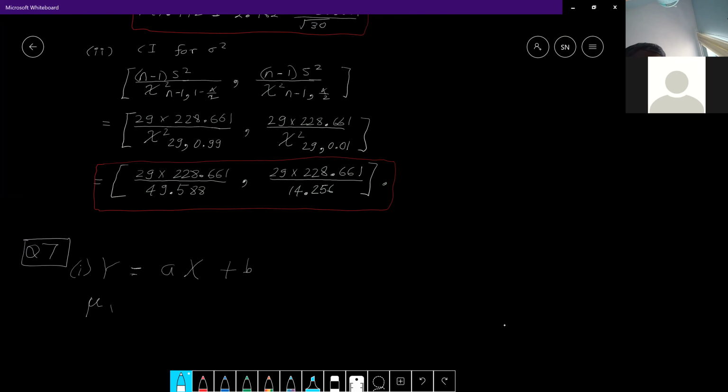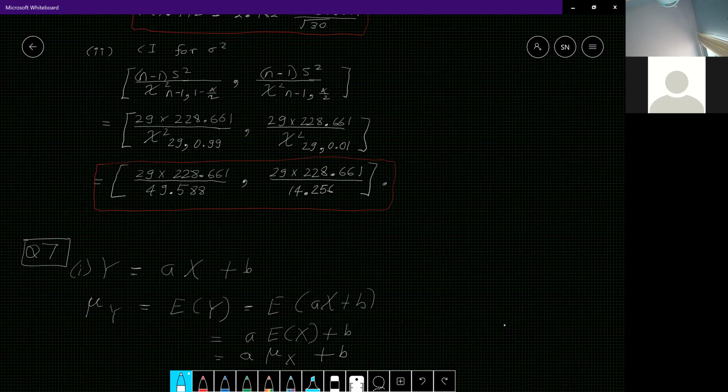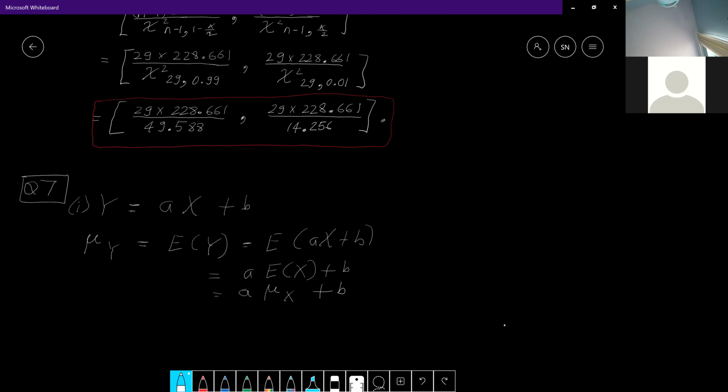Mu y is the expected value of y, which is the expected value of ax plus b, which is equal to a times the expectation of x plus b, which is equal to a times mu x plus b. So that proves the first statement.